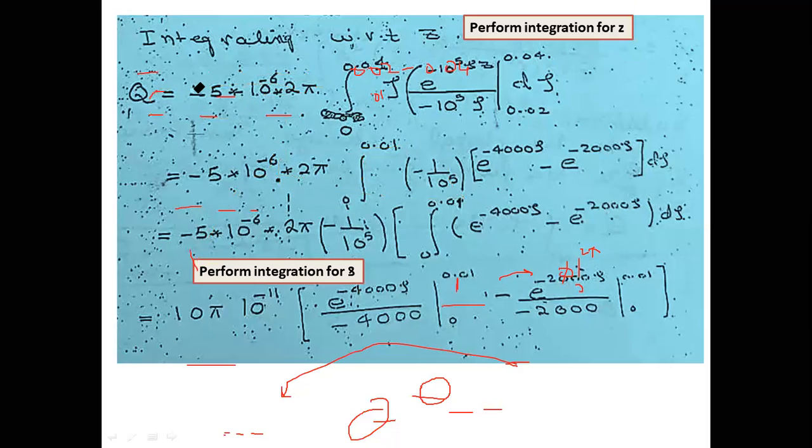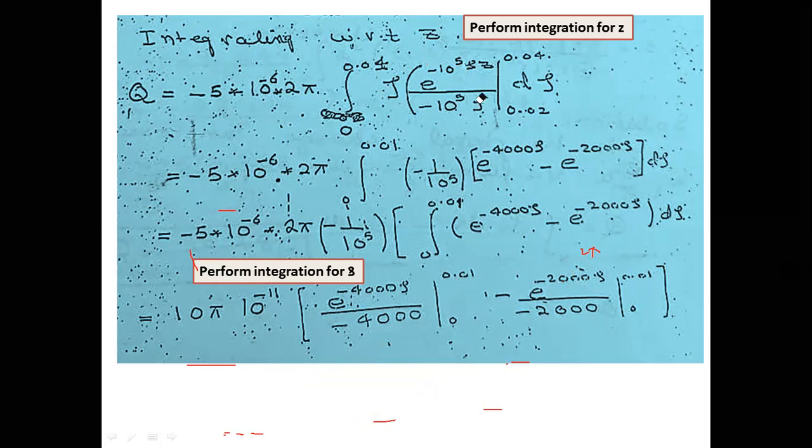Now these are the constant values that have been shifted outside the integration, and we are dealing with rho and z. First of all, they have solved for z: the integration of e raised to the power minus 10 to the 5 rho z with respect to z.